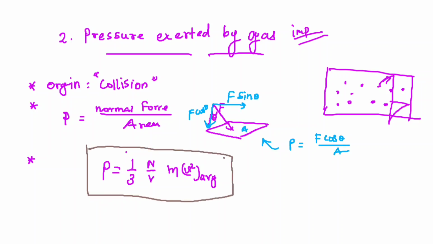Here N is the number of gas molecules and V is the volume and M is the mass, and this v is the velocity.